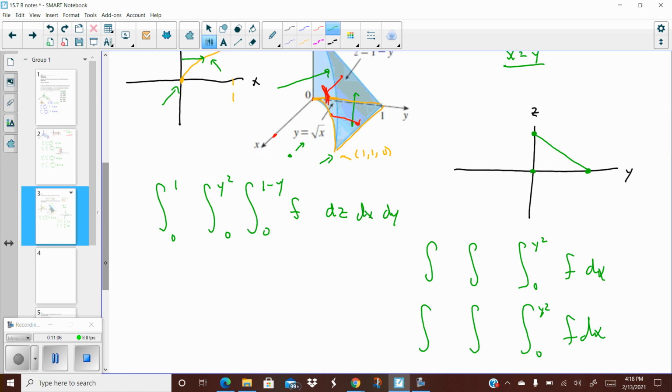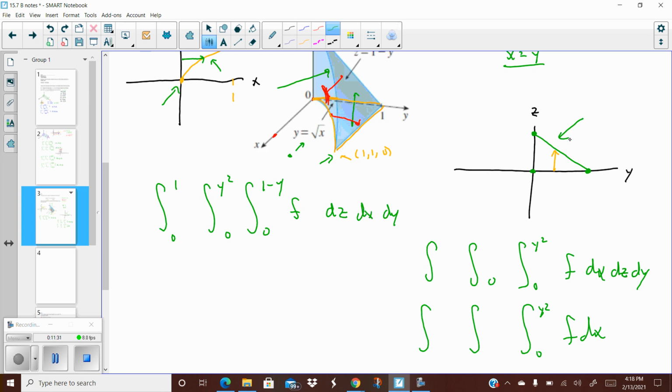And then we just got to figure out, okay, the rest of this is actually pretty easy. We're going to do this in terms of type 1 or type 2 first. I'll just do type 1 first, which means that z is going to go from function to function. So that means z is going to go from 0. Here we're going to do dz dy. So z is going to go from 0 up to this line.